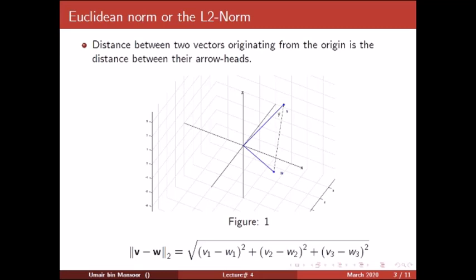For the vector v, we will have v1 representing the x component, v2 representing the y axis, v3 representing the z axis. So we subtract the respective components of each vector, that is v1 minus w1, v2 minus w2, v3 minus w3. You can see the formula has shrunk to three components because we are dealing with the distance between two vectors in R3. Hope it is very much clear.